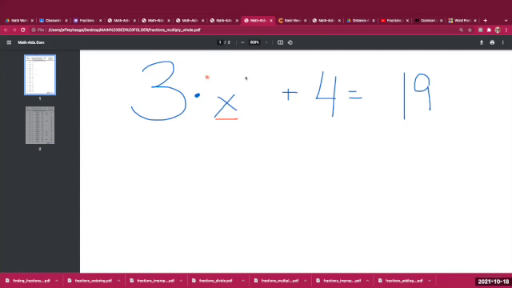If we're trying to solve for x, just like before, we want the x alone. They call that isolating the variable. Smart math people do. So that means we got to get rid of the 3 and we got to get rid of the 4. This is where it's like country music again, getting the x's alone.